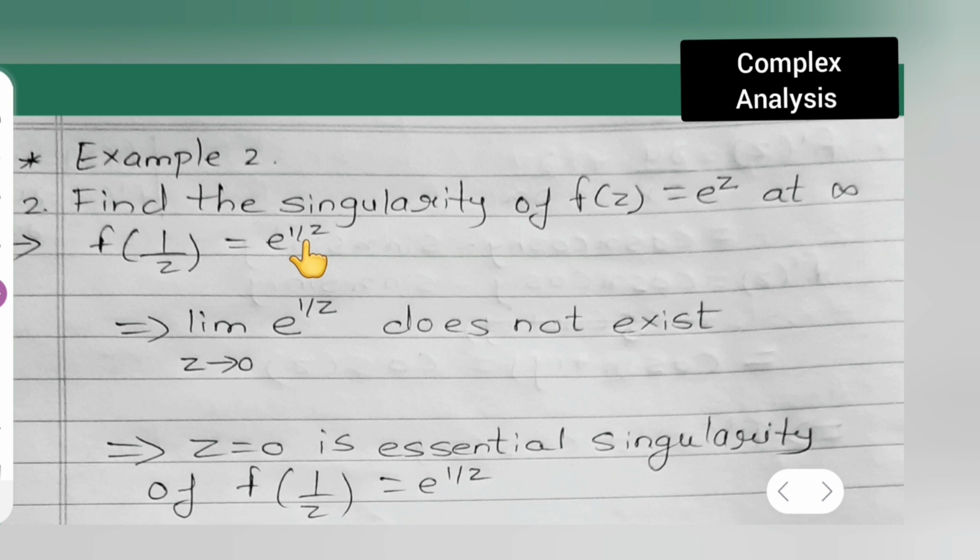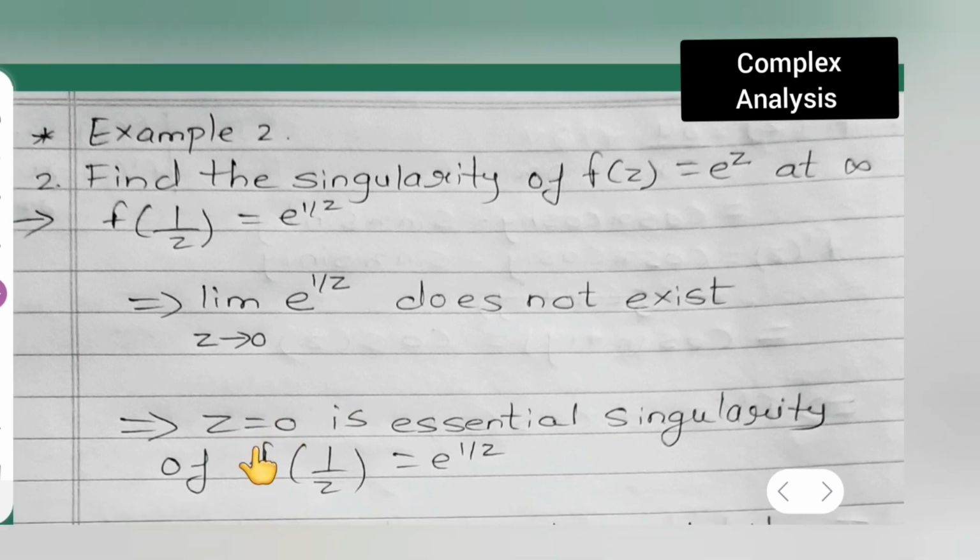Okay, so take the limit where z tending to 0, e raised to power of 1 upon z does not exist. So this automatically implies that z is equal to 0 is an essential singularity of f of 1 upon z is equal to e raised to power of 1 upon z.